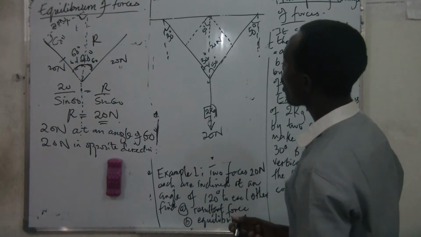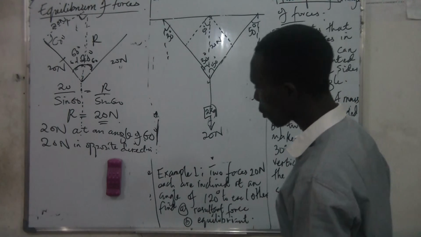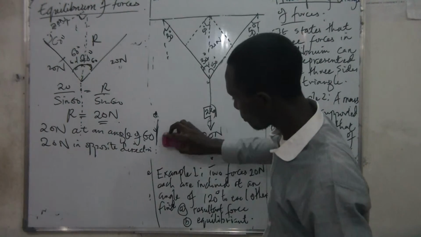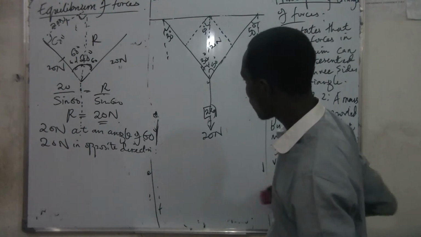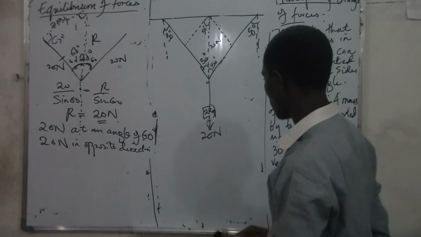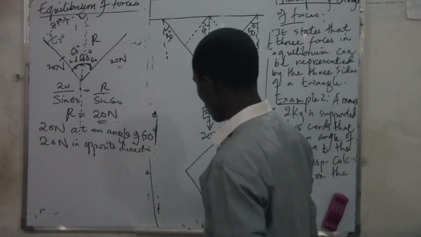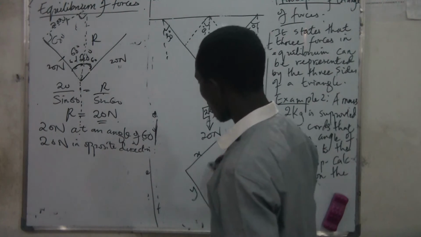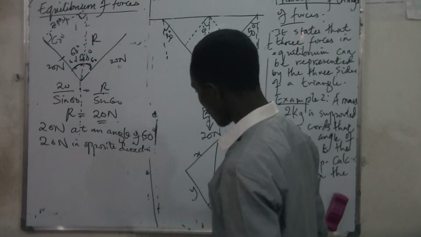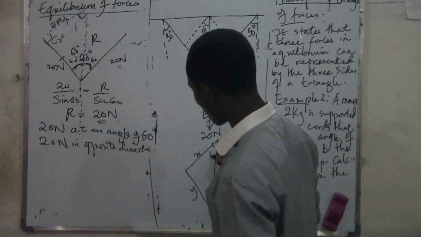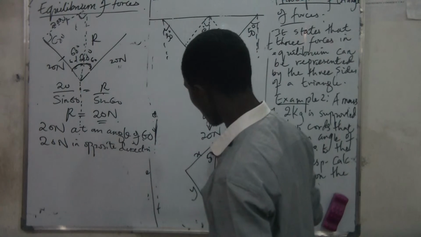So by calculation, we can draw out a triangle from this. In our calculation, the triangle will be in this nature. So let's call this X and call this Y. So the resultant force is 20 Newton, this is 30 degrees, and this is 50 degrees.